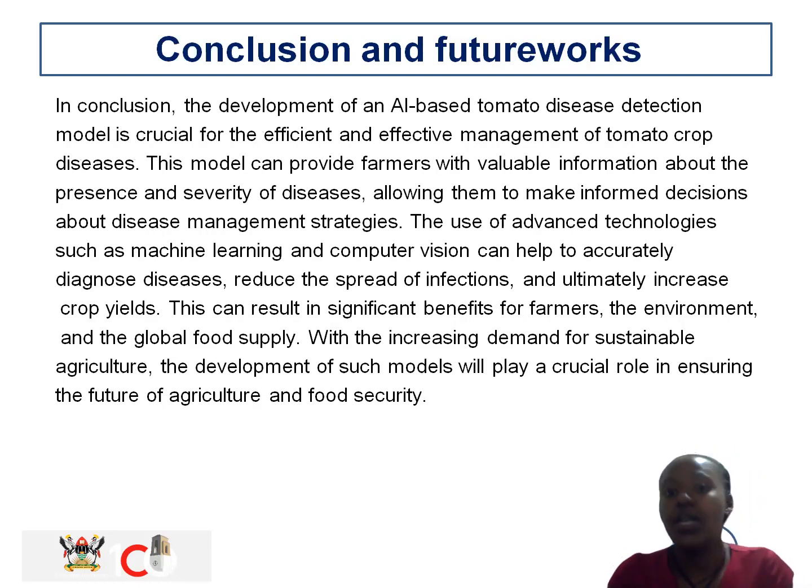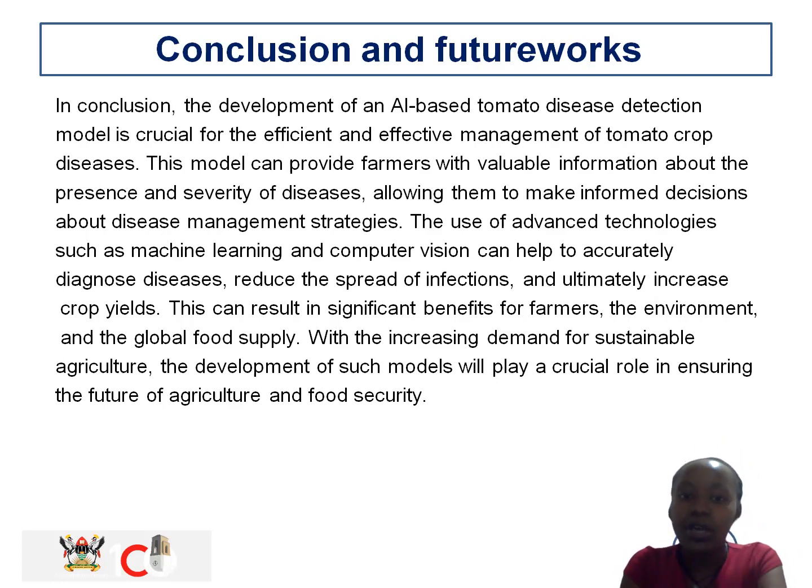So in conclusion, the development of an AI-based tomato disease detection model is crucial for the efficient and effective management of tomato crop diseases. The model can provide farmers with valuable information about the presence and severity of diseases, allowing them to make informed decisions about disease management strategy. The use of advanced technologies such as machine learning and computer vision helps to accurately diagnose diseases, reduce the spread of infections, and ultimately increase crop yields.